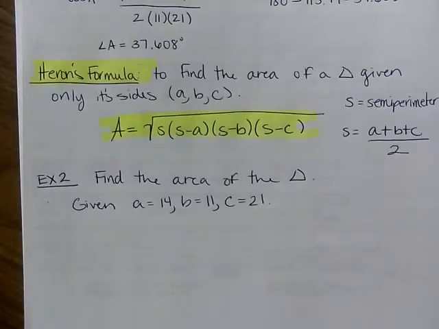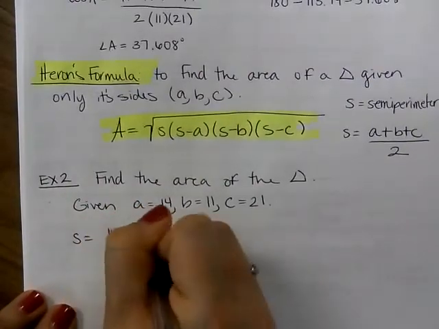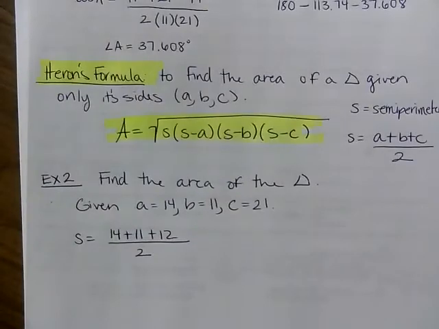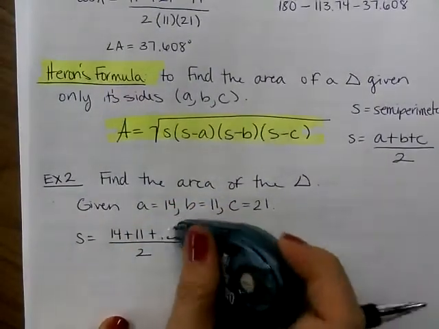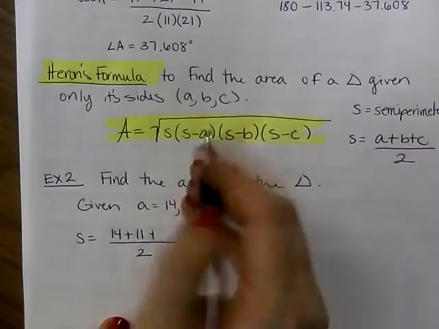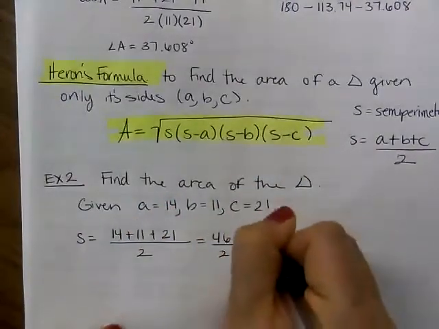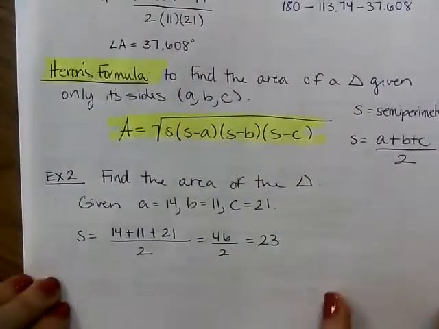So the first thing you have to do is find S, right? So find the semi-perimeter. So we have 14 plus 11 plus 12 all divided by 2. So 46 divided by 2. Thank you so much. Not 12, 21. Thank you. So we get 46 divided by 2. So S is 23. And now we just have to plug it in.